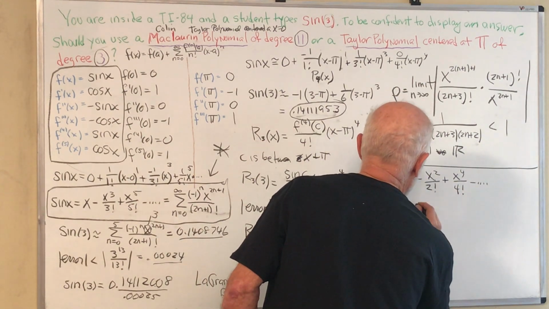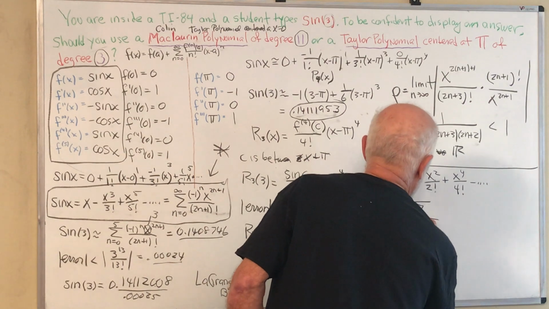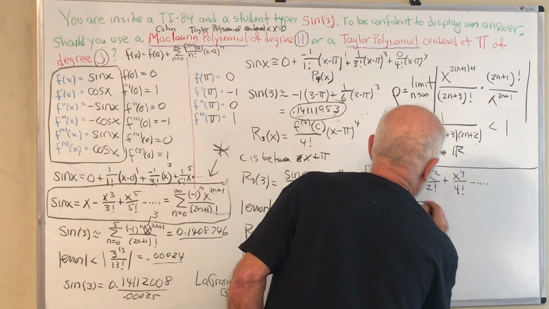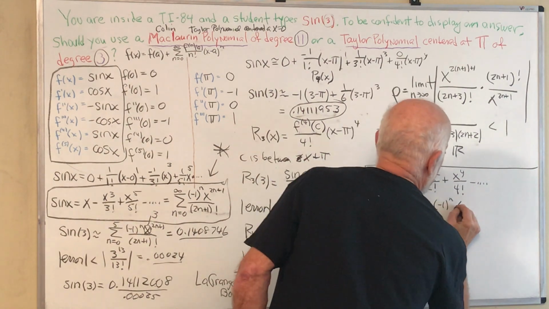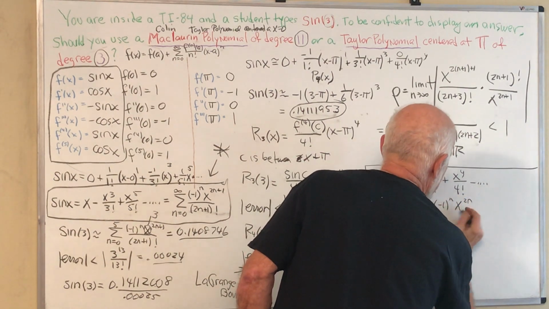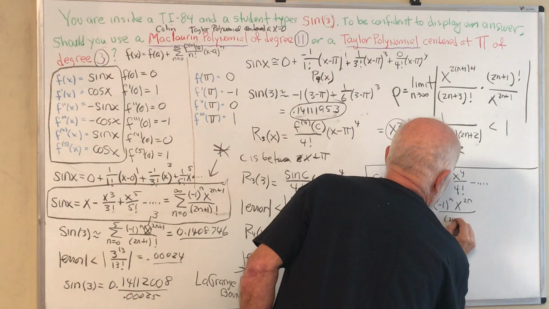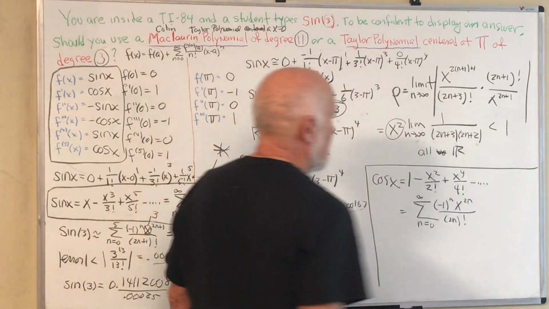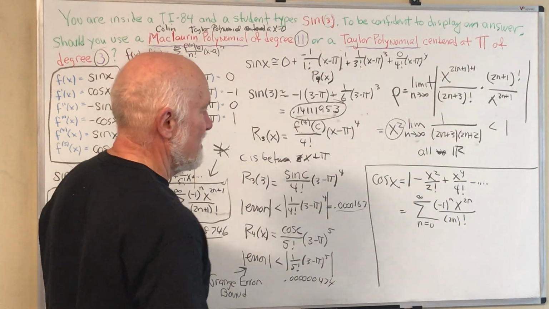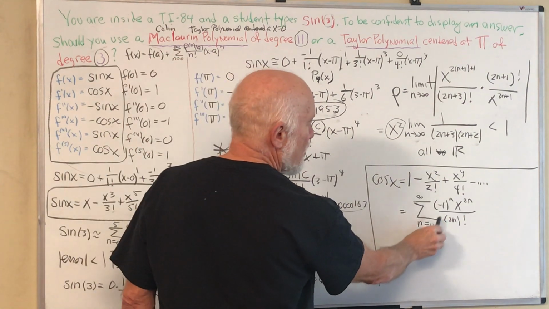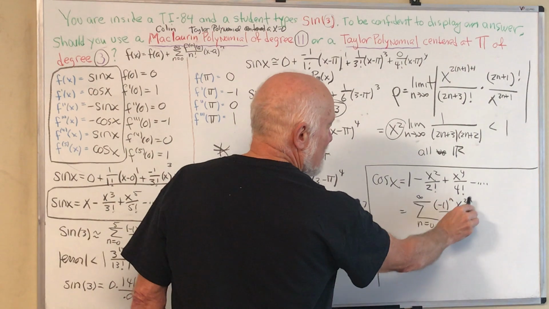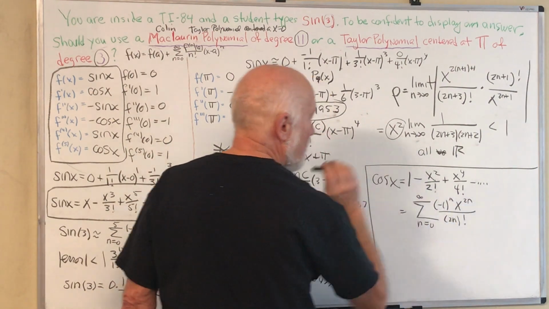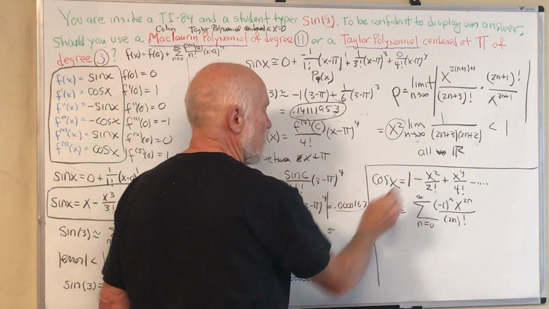And if you wanted to write it in summation form, again, it's alternating and it's skipping. So you would get this. When n is 0, you get x to the 0 is 1 over 0 factorial, so that gives us 1.